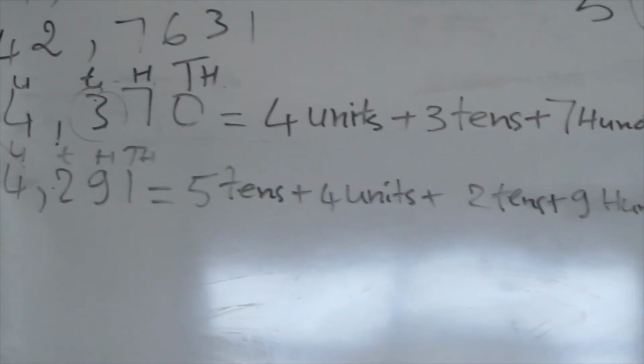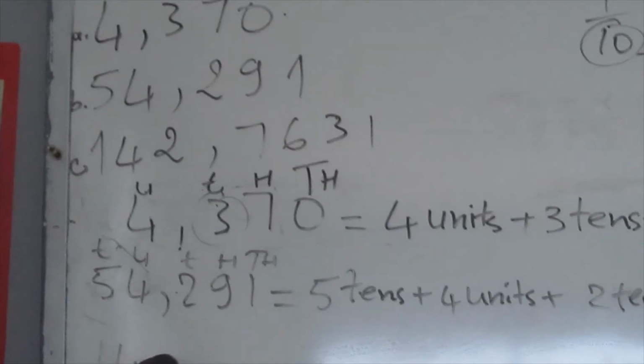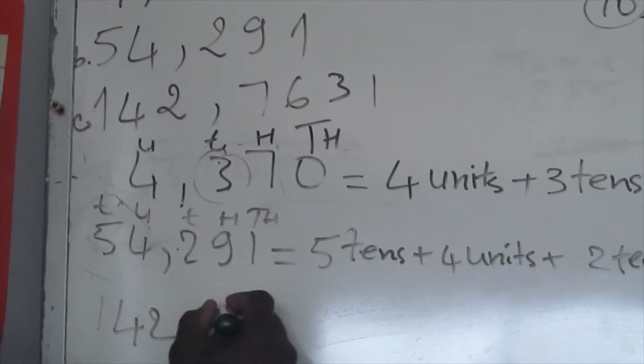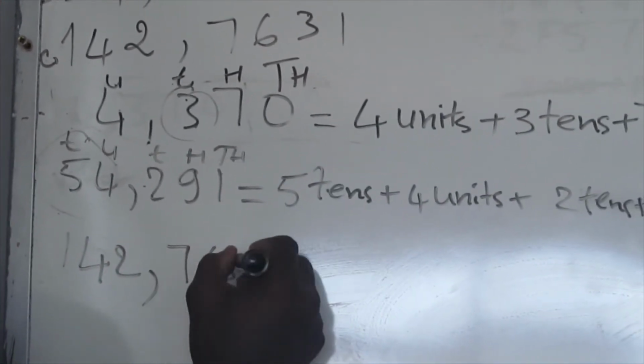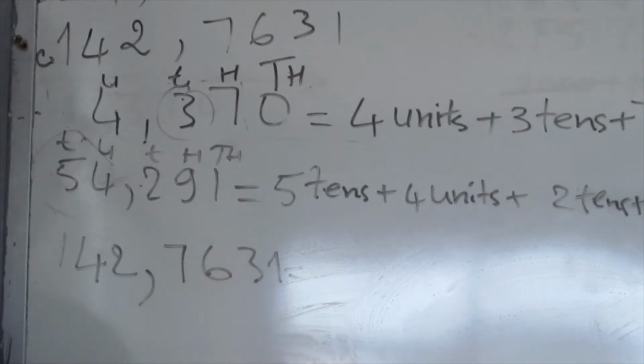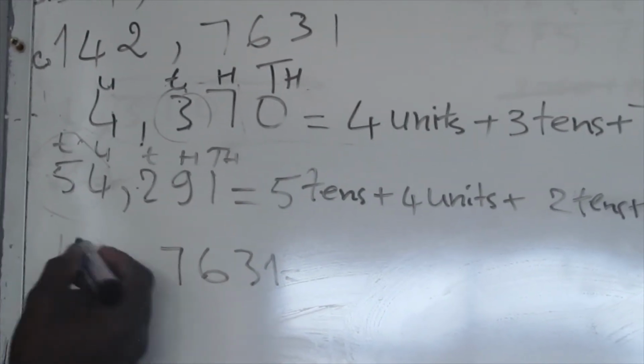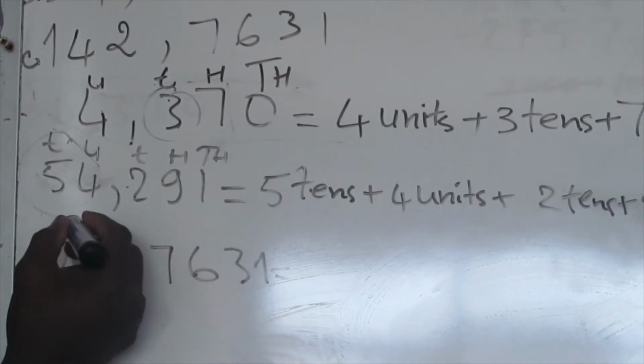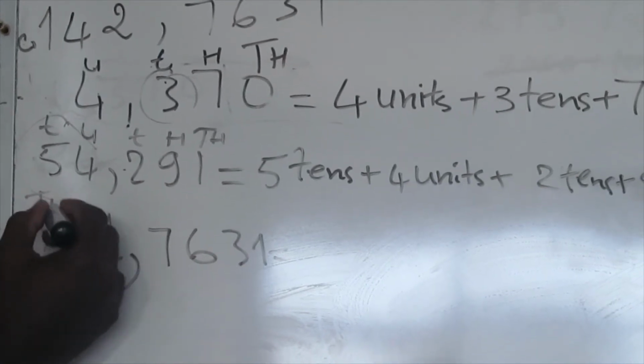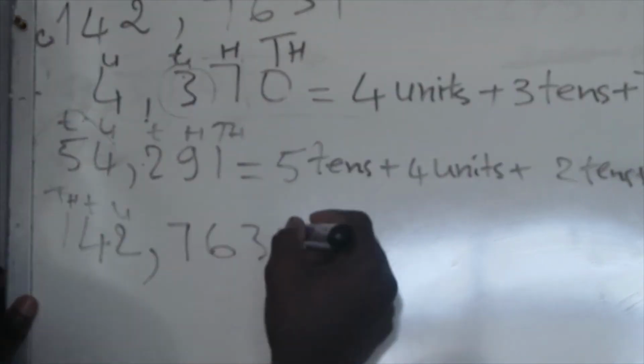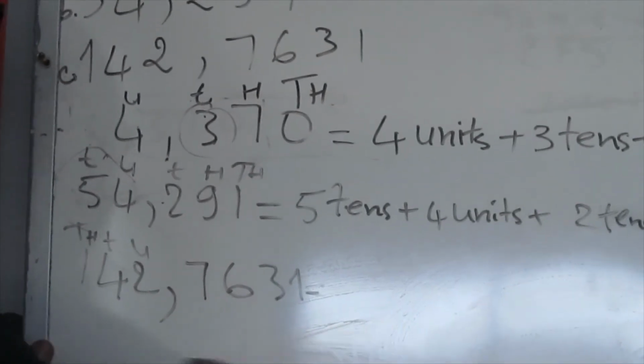Now we have another number, 142,7631. In this number, we have units, tenths, and thousandths. I will abbreviate this one to have space.